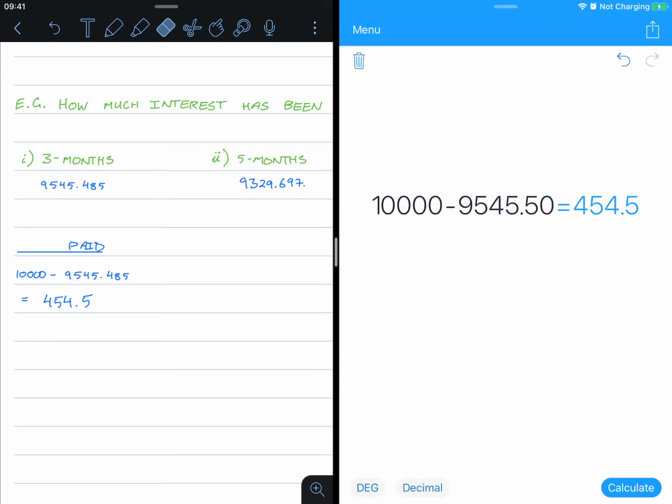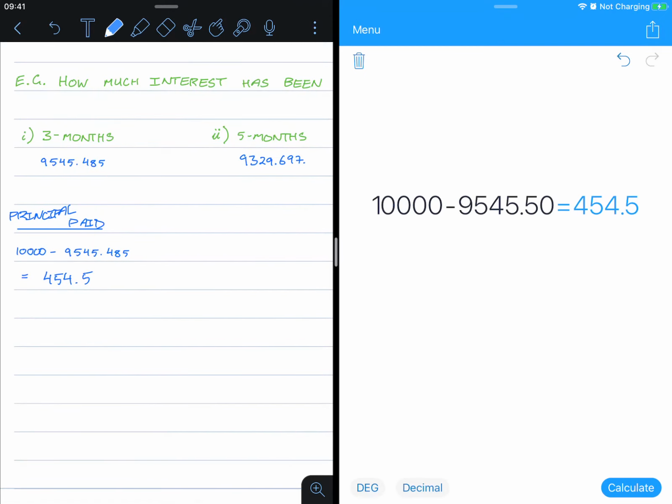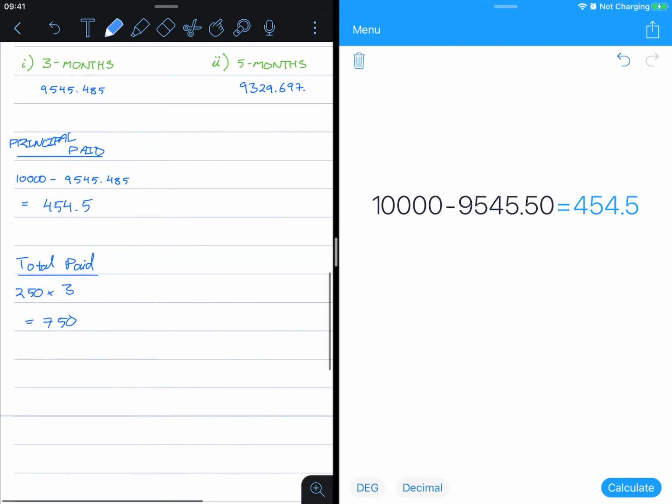This is the principal paid. So they've reduced the loan by $454.50. The total that they've paid, well, they make $250 installments, and it's been 3 months. So in total, they've paid $750.